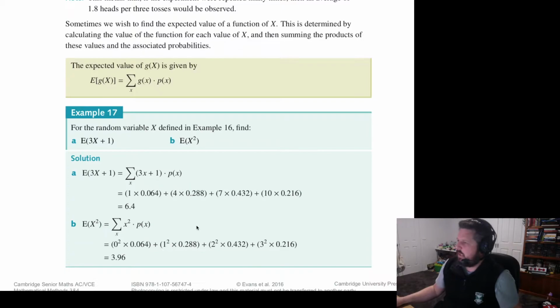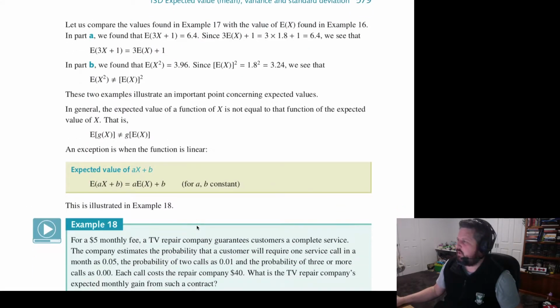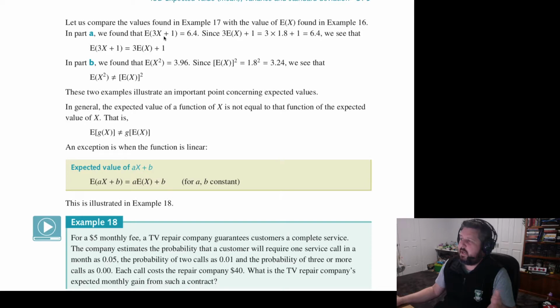Now there's a little bit of information here that shows there are a few rules that can be followed. In this particular case, if you've got the expected value of 3x plus 1, we saw it was equal to 6.4, and they're also saying if you've got 3 times the expected value of x, plus 1, so basically pulling that linear value out the front, it still comes out as being 6.4. It's the same.